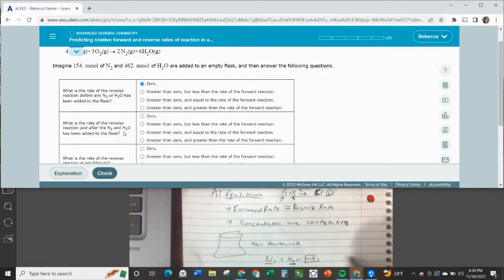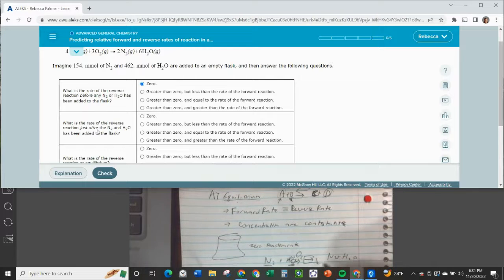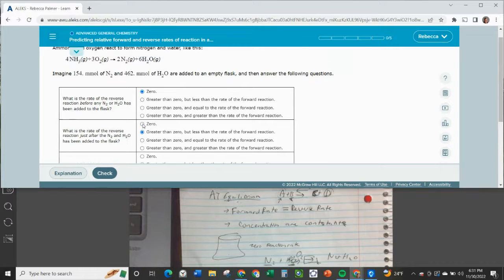It's going to try to move us towards equilibrium, towards the products, which are N2 and H2O. Or oops, this should be O2, excuse me. The reverse reaction is going to be small because there's no products right now. So it's going to be greater than 0, but less than the rate of the forward reaction right at the beginning.